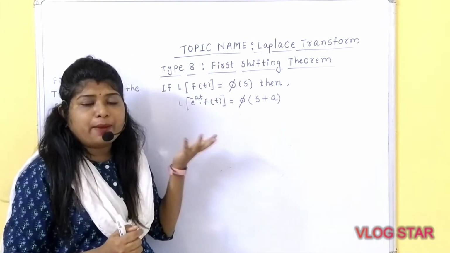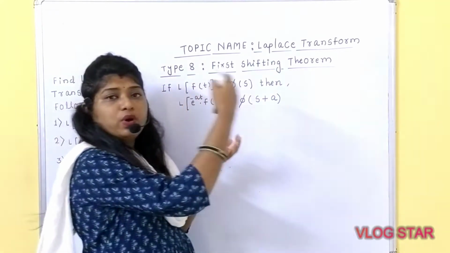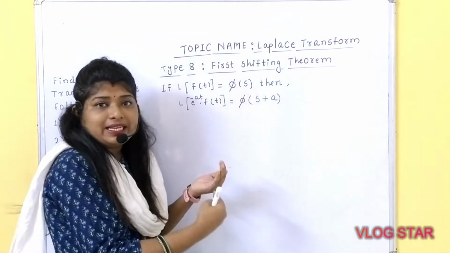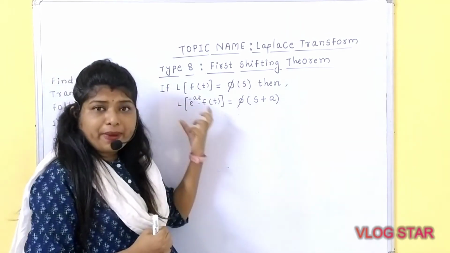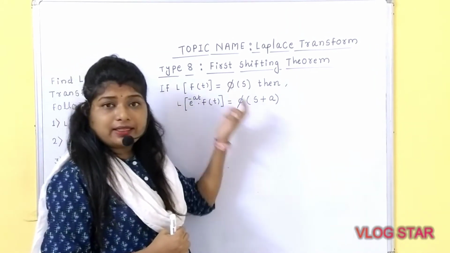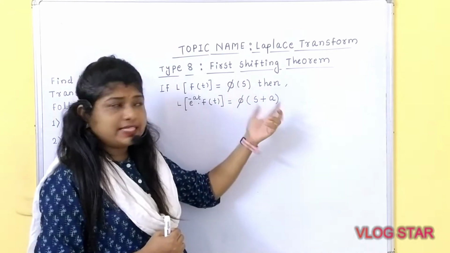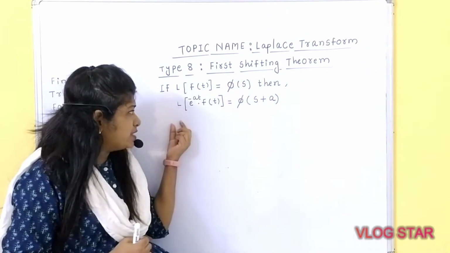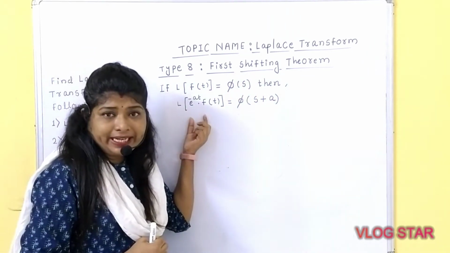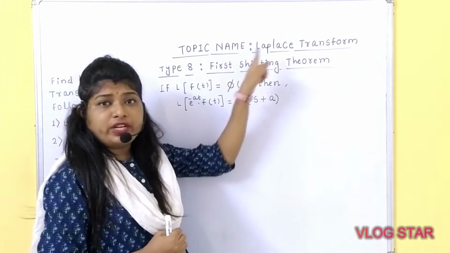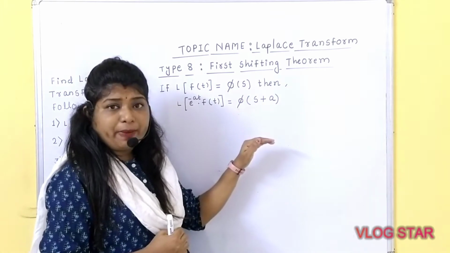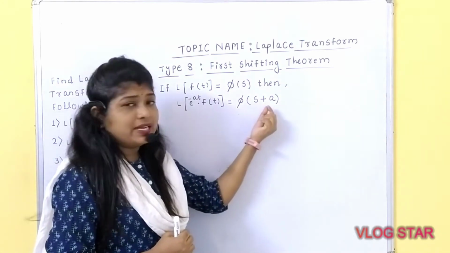As you know, Laplace transform is a conversion from time domain analysis into frequency domain analysis. So if Laplace of f of t is equal to phi of s, then Laplace of e raised to minus at into f of t, by first shifting theorem, can be given by phi of s plus a.